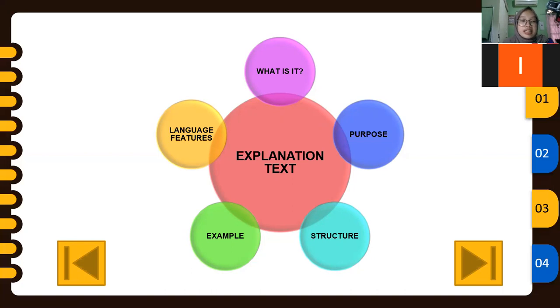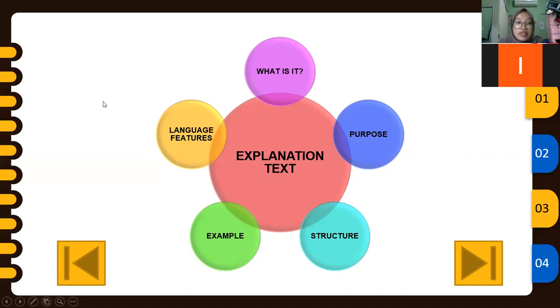Alright. And the last is mention the formula of simple present tense. Yeah, subject plus verb plus object. Excellent, students. I think you already understand about explanation text.